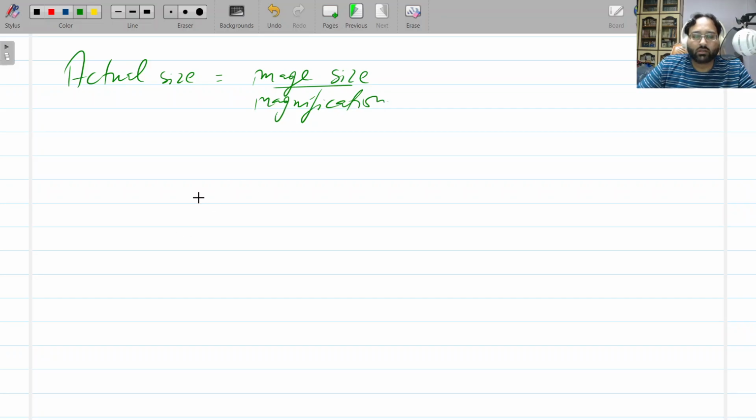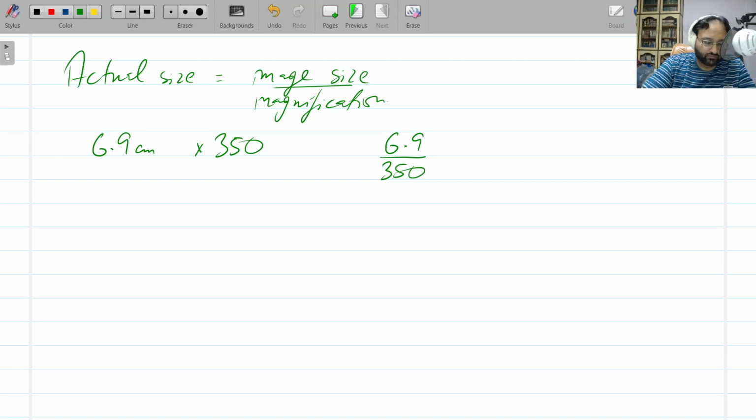For example, you have an image size of 6.9 centimeters, and they tell you it has a magnification of times 350. So you're going to do 6.9 divided by 350. What do you get?